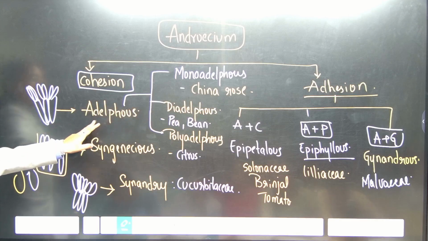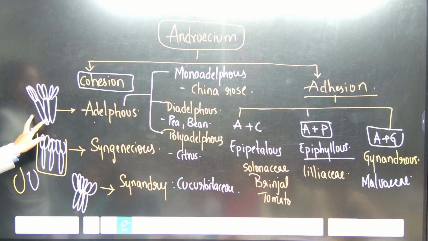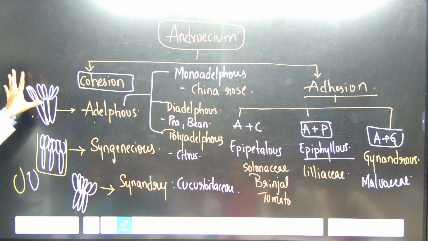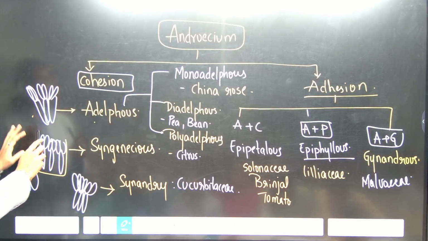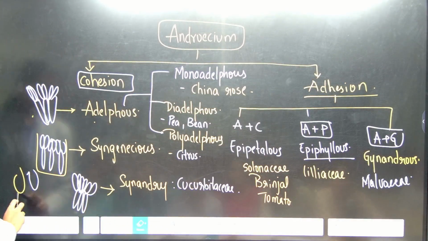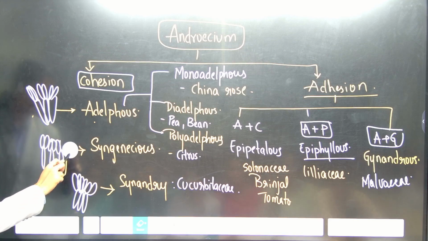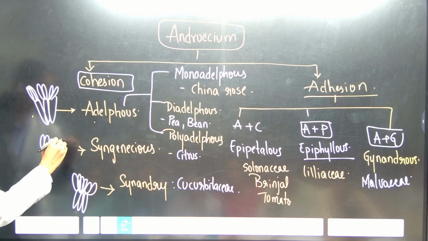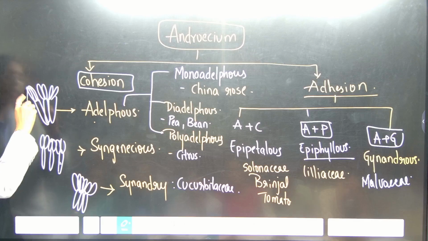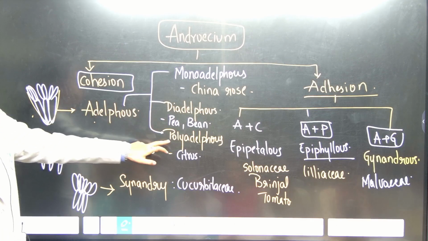These are the types of what? Adelphous, means only filaments are uniting and anther lobes are free, forming a single bunch, two bunches, multiple bunches.